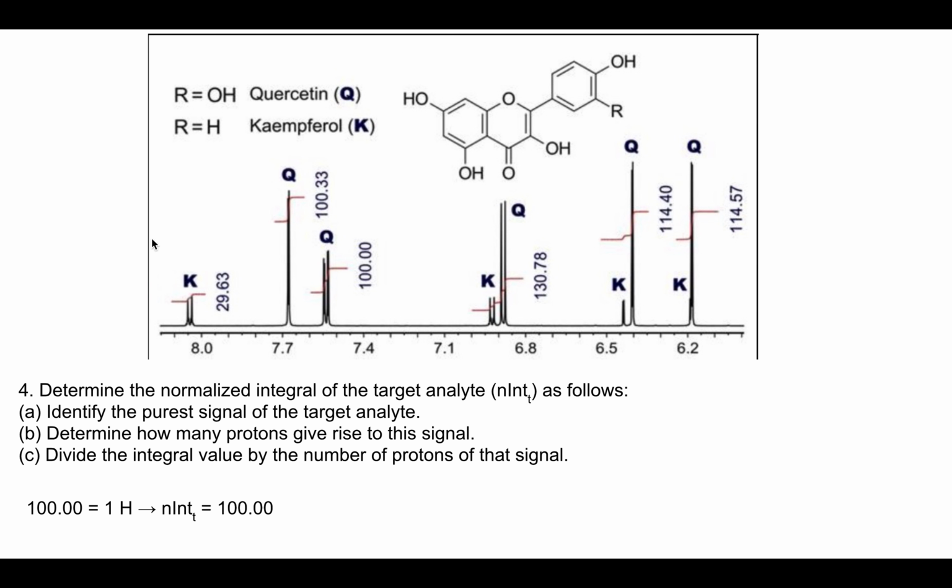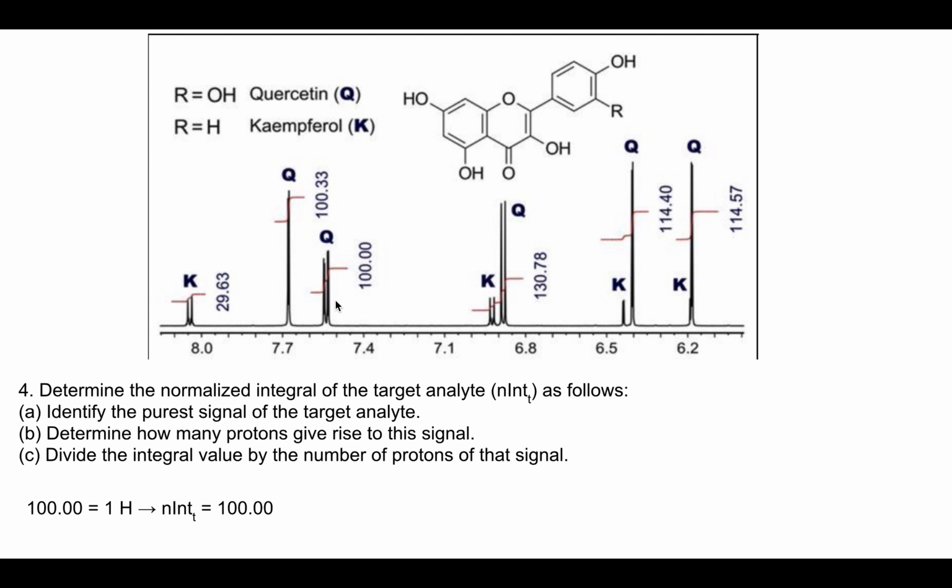The authors decided to go with this signal right here with an integral value of 100. So next we need to determine how many protons give rise to this signal. Okay, so this doublet right here, remember that I said every time you see a signal with the symbol Q above it, this means that 1 proton gives rise to those Q signals.